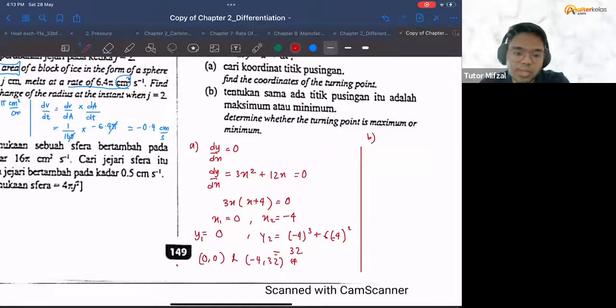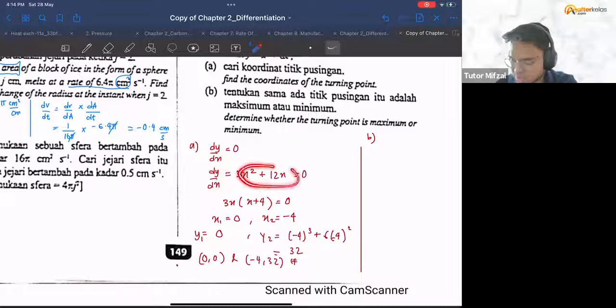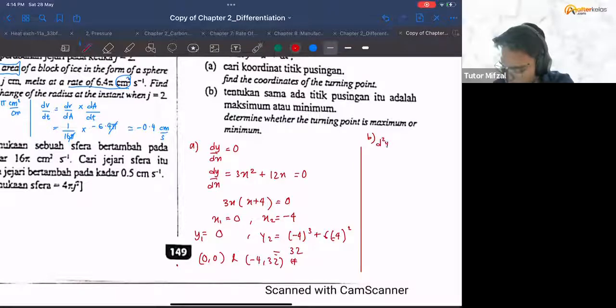Now, how do you do this? In order for you to do this, you have to differentiate one more time. So the dy over dx, 3x squared plus 12x, you differentiate it one more time. So differentiating it one more time, d squared y over dx squared equivalent to 6x plus 12.